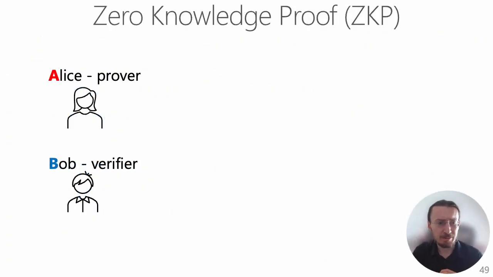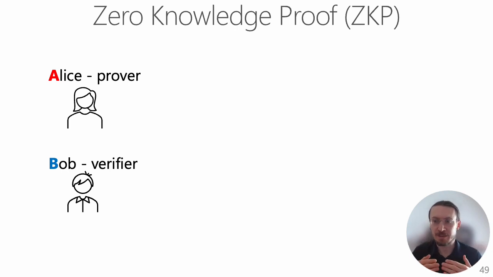Okay, another very important cryptographic tool that we actually use in collaborative learning is zero knowledge proof. So there is a very well-known story presenting the fundamental ideas of zero knowledge proofs. And then the story goes like that.